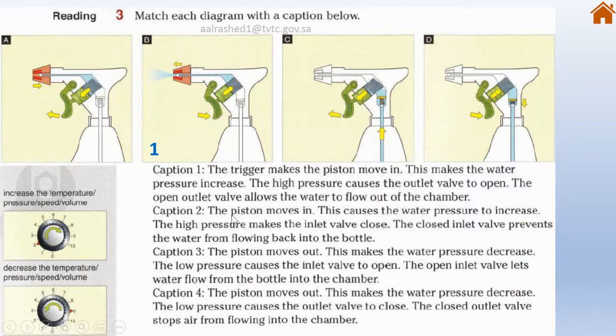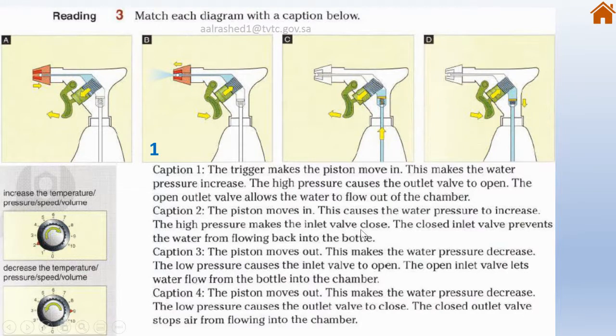Okay, let's see number 2. The piston moves in. This causes the water pressure to increase. The high pressure makes the inlet valve close. The closed inlet valve prevents the water from flowing back into the bottle. Okay, what do you think?